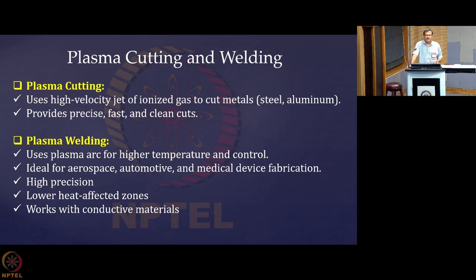It is ideal for aerospace, automotive and medical device fabrication. It can offer very high precision and low heat affected zones. That is important, as the heat affected zone surrounding your location of interest is a concern. Then it can work with conductive materials only, if you are going for transferring the arc there.